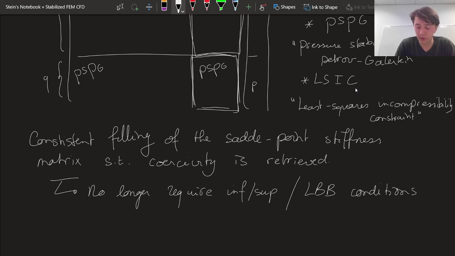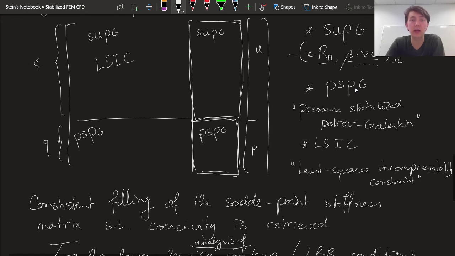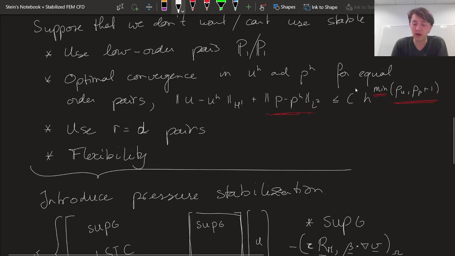So we no longer require analysis of, I should say. And because of that, we are much more free in our choice of finite element spaces, and we can consider each one of these cases.